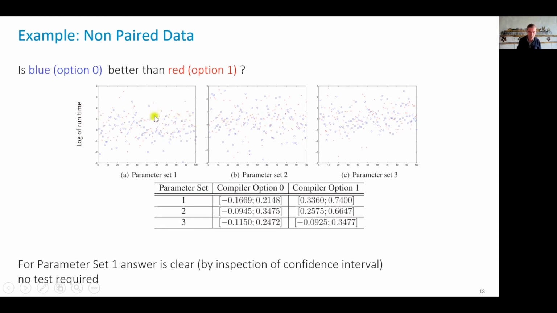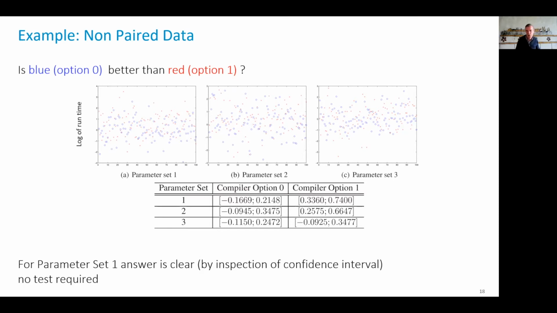And then I have plotted here scatter plots of the results of what we call non-paired data, which means we did 100 experiments with the blue option and 100 experiments with the red option. But the red and blue experiments are not exactly reproducing all the same values because we were not able to do it.